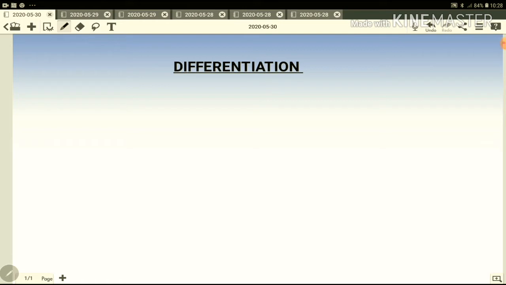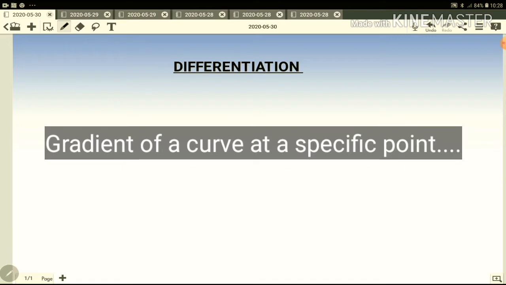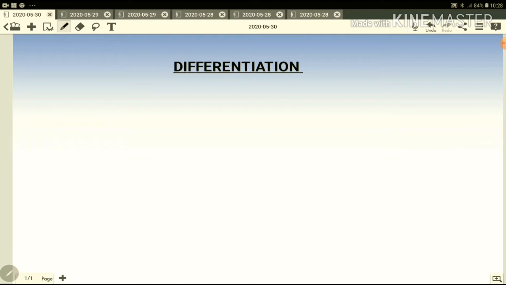In this video, I am going to explain what is differentiation. Differentiation is a method of finding the gradient of a curve. What is the gradient of a curve? At this stage, you know only the gradient of a straight line, right? And how do you calculate that? Change in y by change in x, you know that.